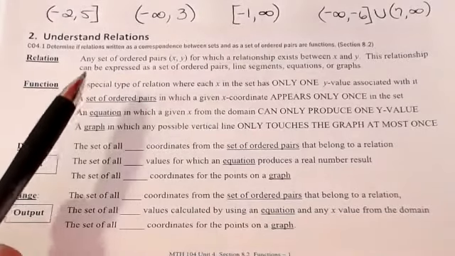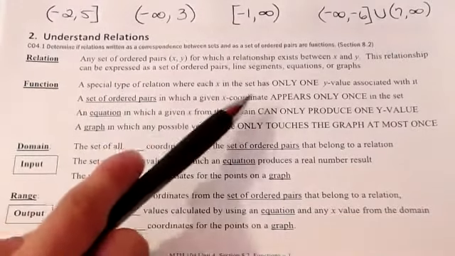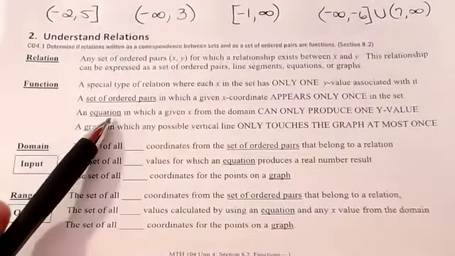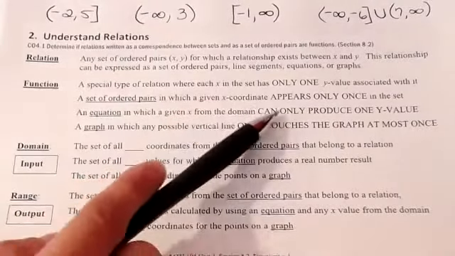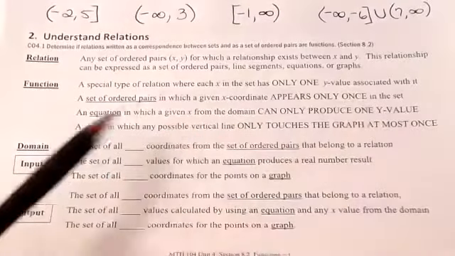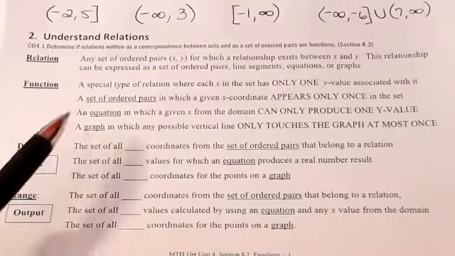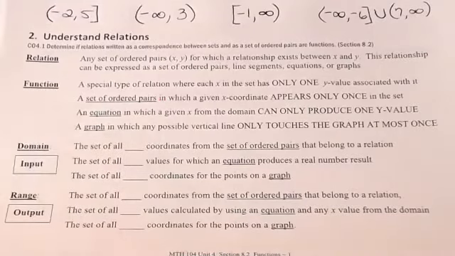So first off, a set of ordered pairs in which an X coordinate appears only once. Cool. If you're looking at an equation in which a given X from the domain can only produce one Y value, right? You're not going to be able to produce more than one Y value. Or if you're looking at a graph, every time you draw a vertical line, it only touches the graph at most once.